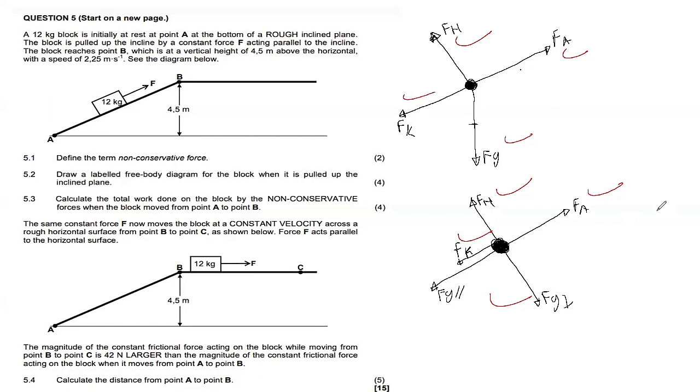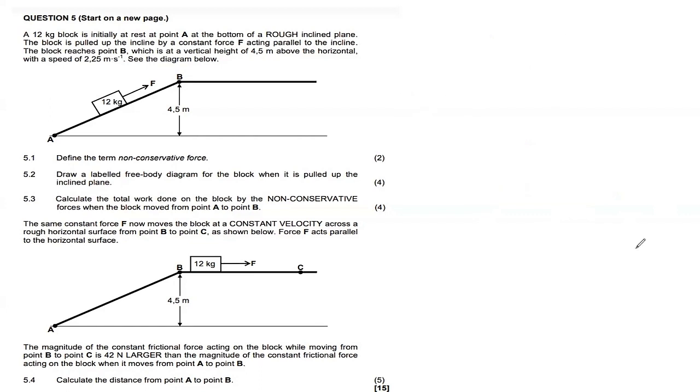Okay, so 5.3 says calculate the total work done on the block by the non-conservative forces when the block moves from point A to point B. So now we are being told to calculate the total work done by the non-conservative forces. The energy principle that we're going to choose is obviously the work done by non-conservative forces formula, which is equal to change in EP plus change in EK.